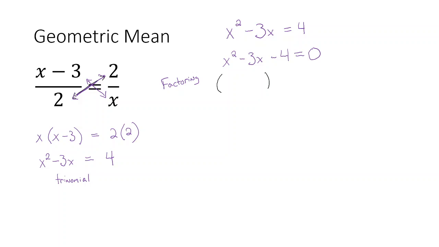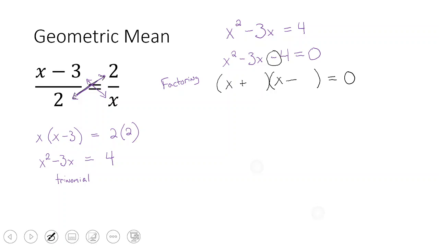So we'll set this up as a set of parentheses, and then we're going to look for the signs. If this sign is negative, then your signs are guaranteed to be positive and negative. One of them will be positive, one of them will be negative. Your variables are going to be x, since x is at the front of this trinomial.